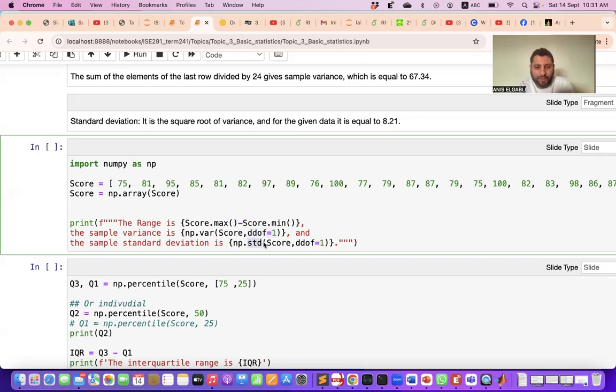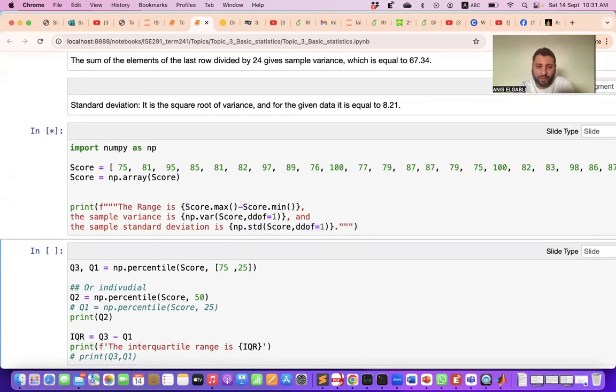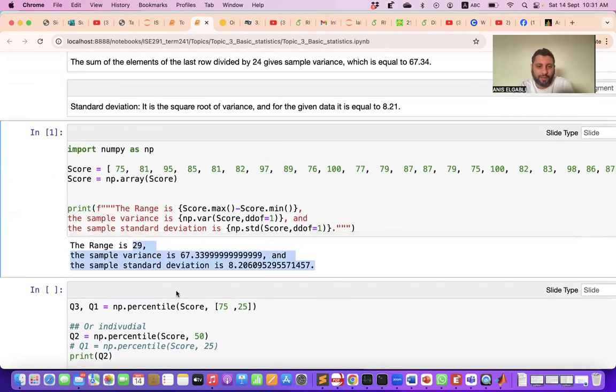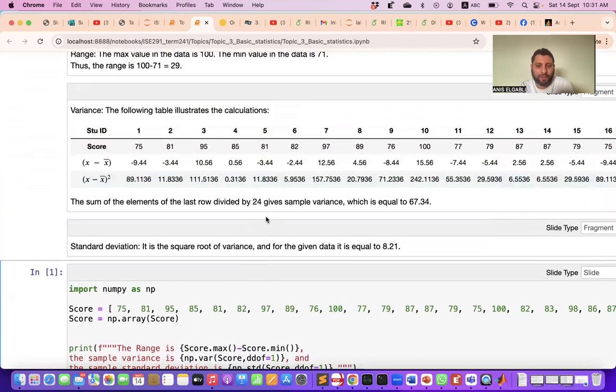And here is how we compute the standard deviation. We can take the square root of that, or we can call the function std, pass the array and the degrees of freedom, and compute the standard deviation. We got the same numbers we computed here.